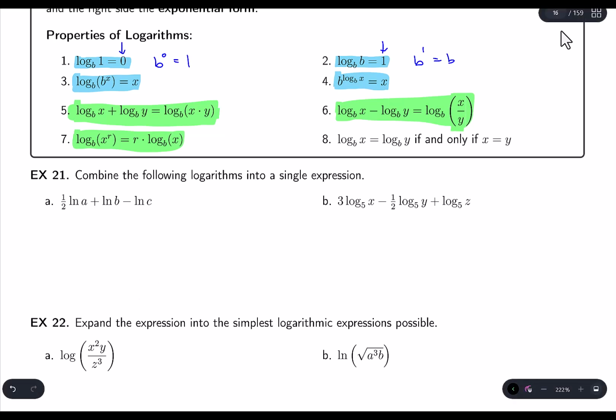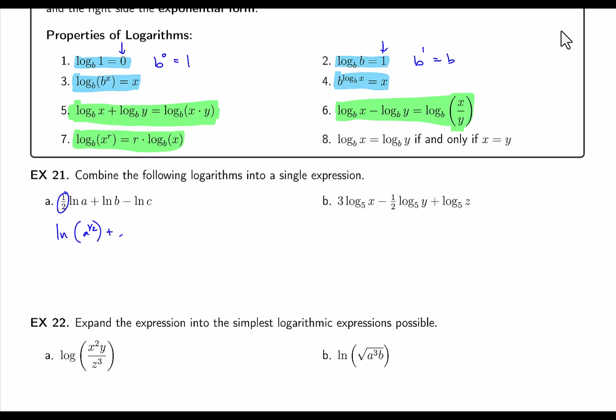So for instance, 1/2 ln a plus ln b minus ln c, where ln is the natural logarithm. If I want to combine that into one logarithm, then any constant multipliers I can bring as an exponent on my logarithm.